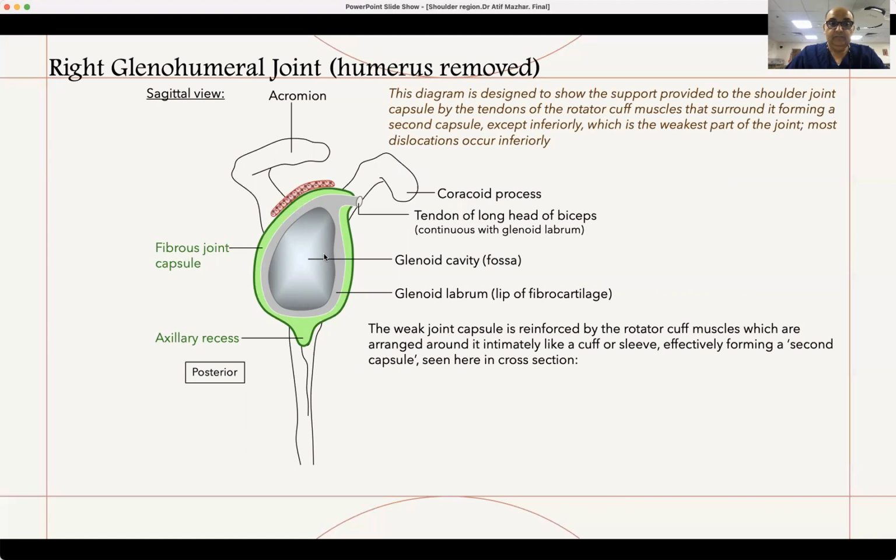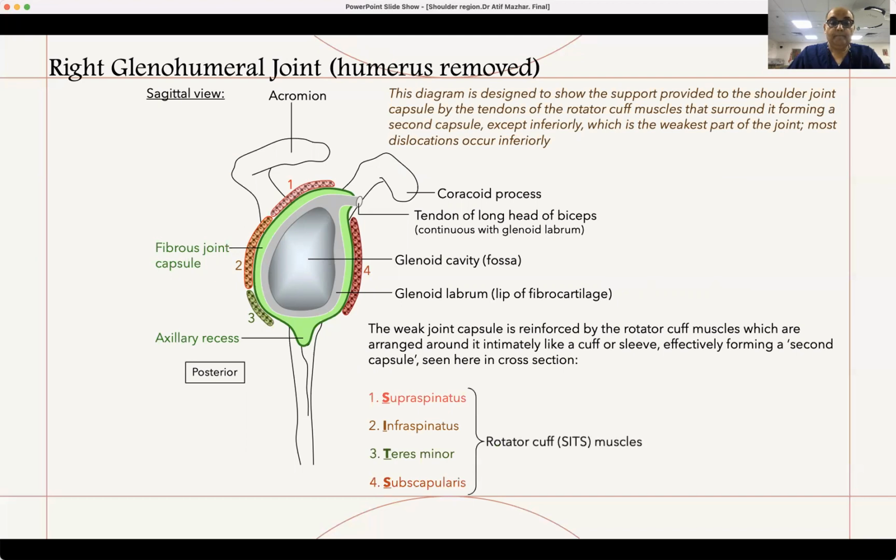Now, look at it. You're looking at the supraspinatus muscle. You're looking at the infraspinatus muscle. We're looking at the teres minor muscle. And from the front, we are looking at what? Subscapularis muscle. Now what happens? There is a bursa, subacromial and subdeltoid.